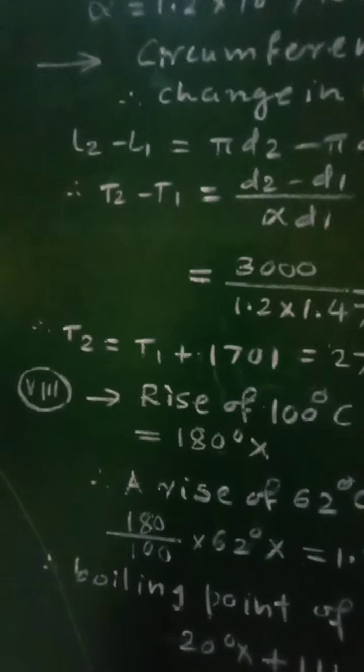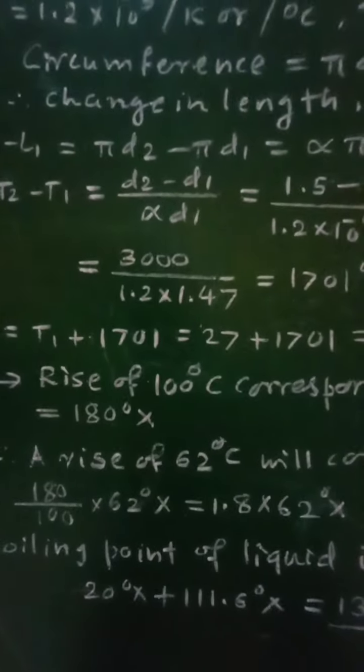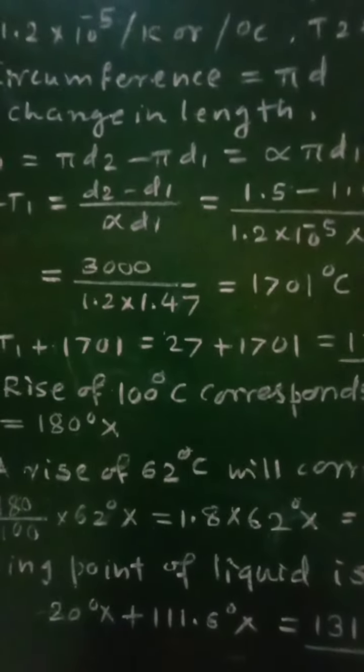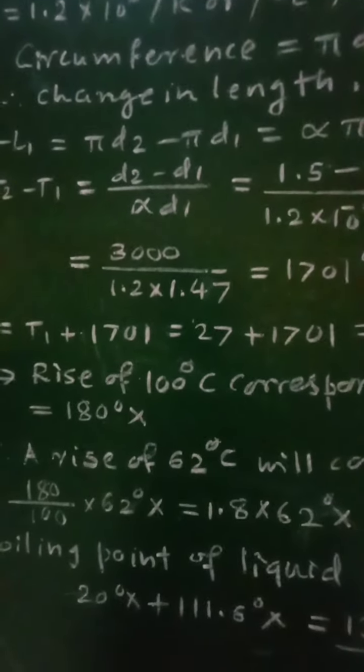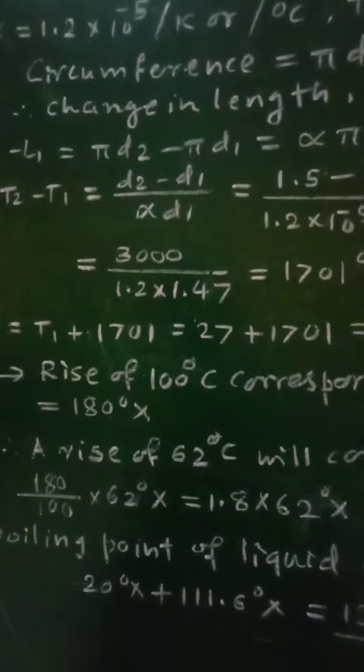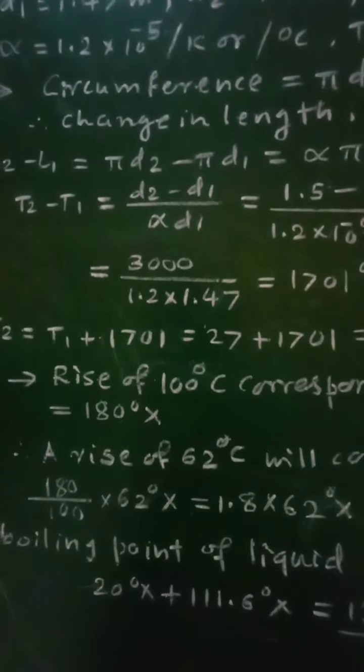And therefore, for this numerical, the given data is the different temperature scales, that is degree X, and the boiling temperature of the liquid, which is given as 62 degrees Celsius.